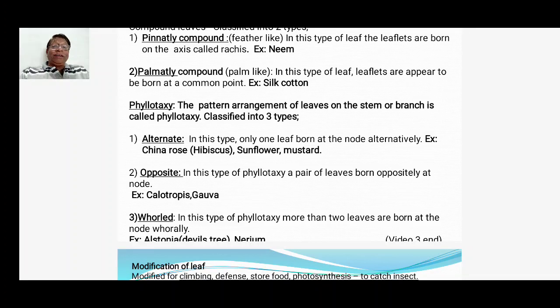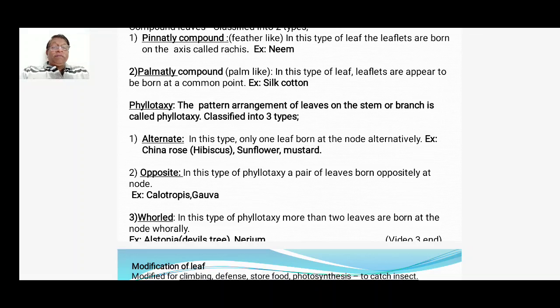Spiral is nothing but alternate. If you draw a line, it takes spiral course. What is alternate phyllotaxy? If only one leaf is born at each node alternatively, then it is called alternate phyllotaxy.